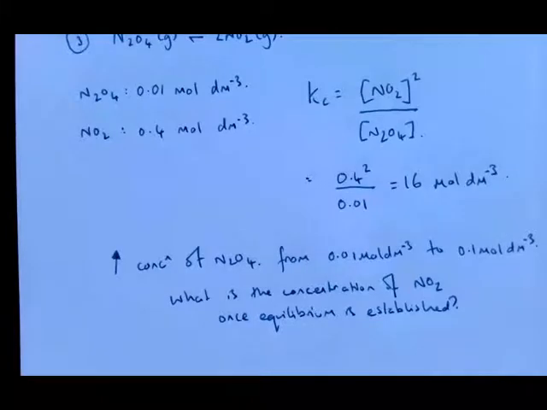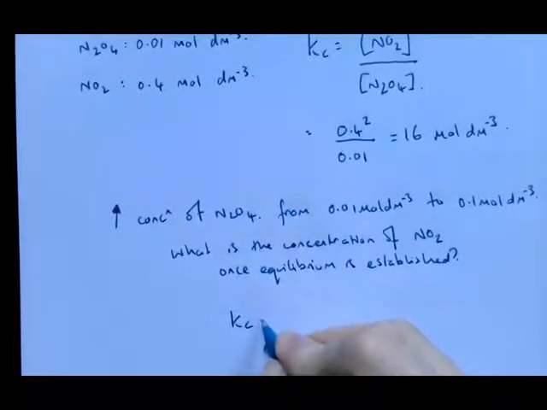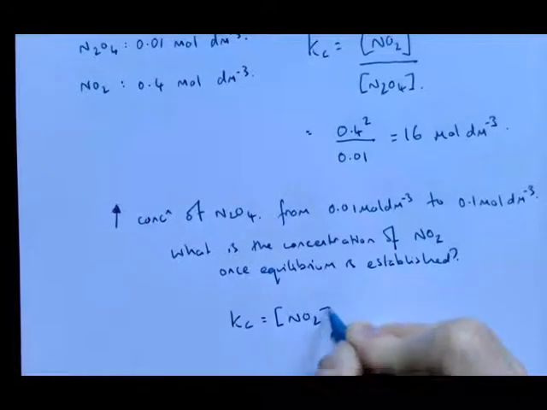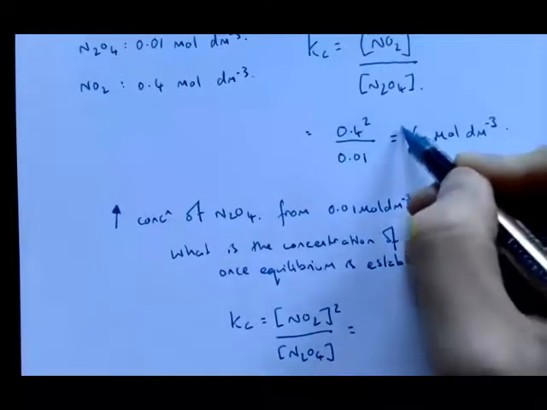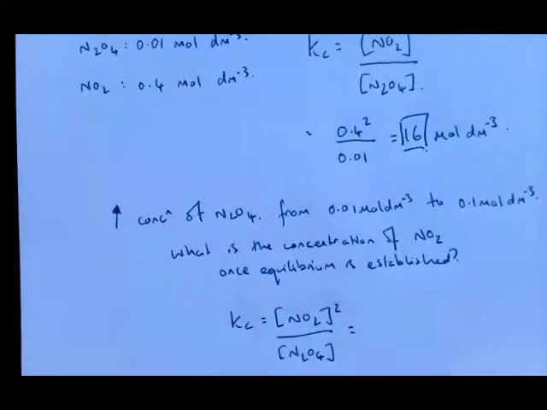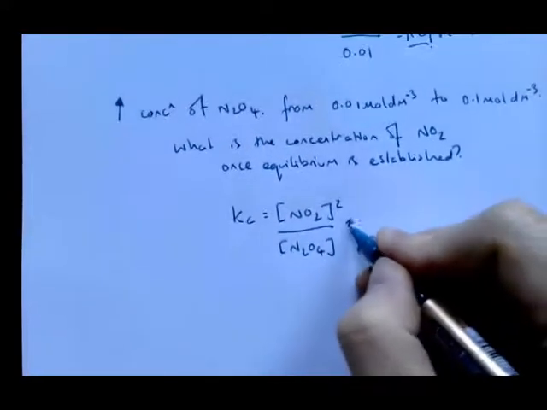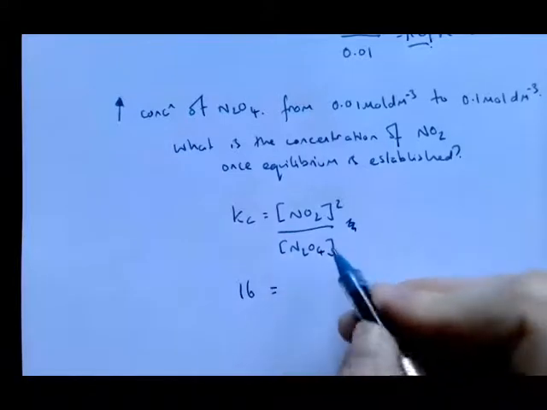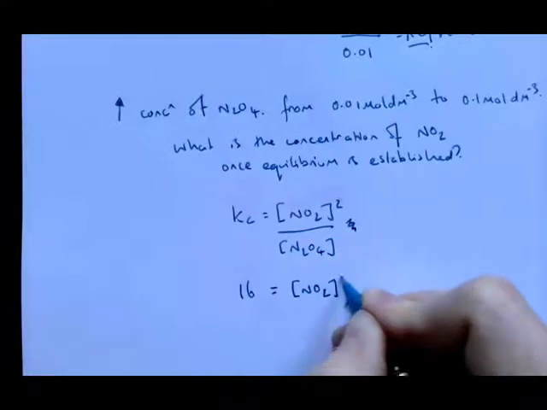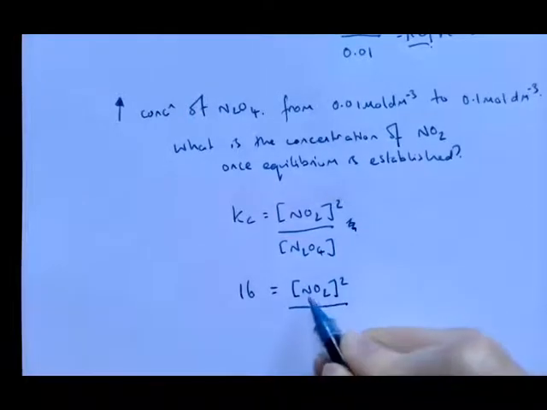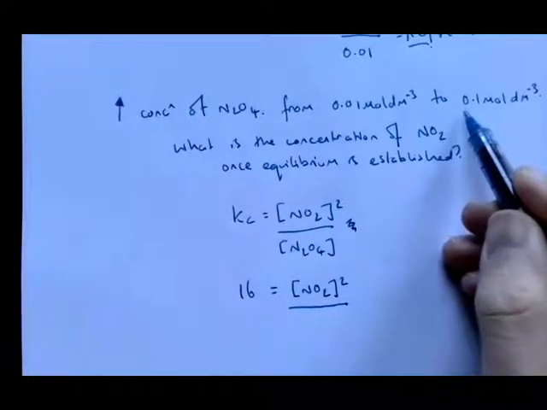All right, so let's say we have now Kc equals NO2 squared divided by N2O4. Right, now I know that at equilibrium, that value has to be 16. So I can say, well, 16 equals my concentration of NO2 squared, divided by my concentration of N2O4, which I've increased to 0.1.